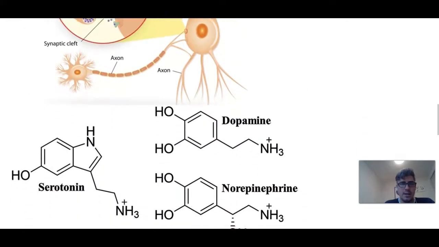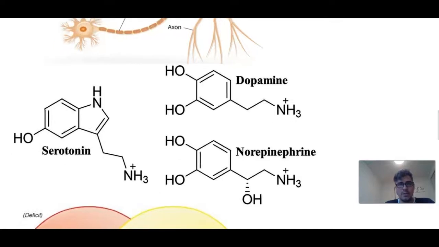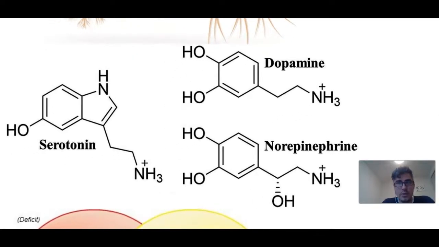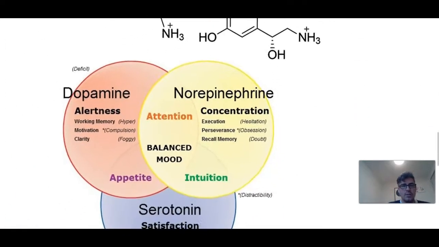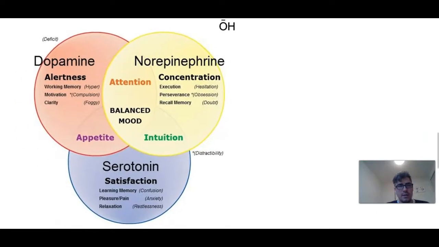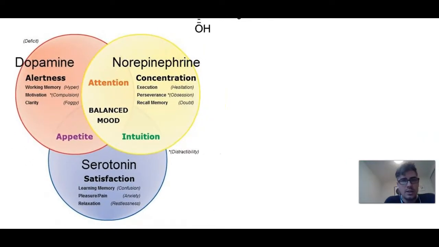And there are three really well-known neurotransmitters, serotonin, dopamine, and norepinephrine, and they are really key to regulating your mood. So if we have a look here at this Venn diagram about the kinds of things that they are in charge of in the brain, we've got dopamine there on the left with working memory, motivation, clarity.